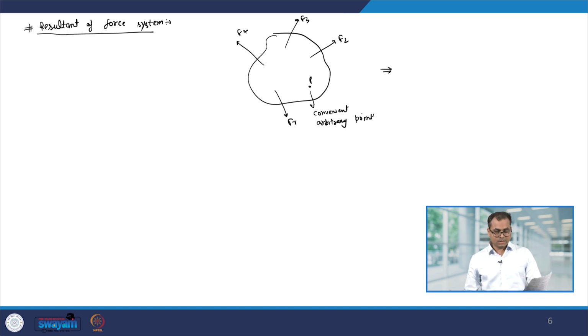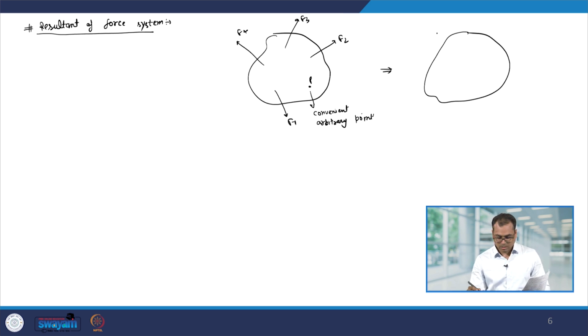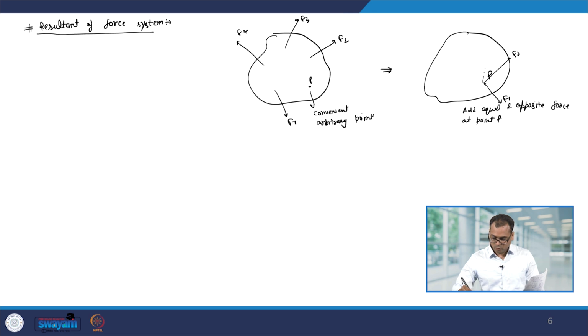So, again the process is similar. You have this rigid body, and as I said, I want to calculate the moment at point P. So, at P we add equal and opposite forces. Okay. So, this is F1, this is F2, this is F3, this is F4, okay.